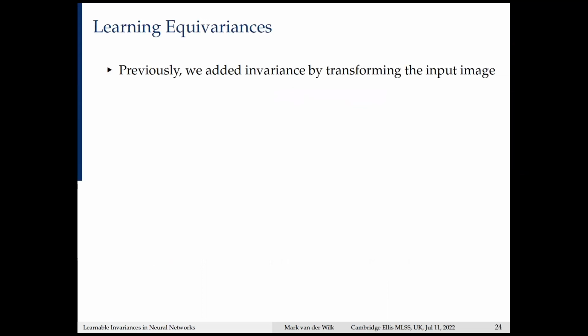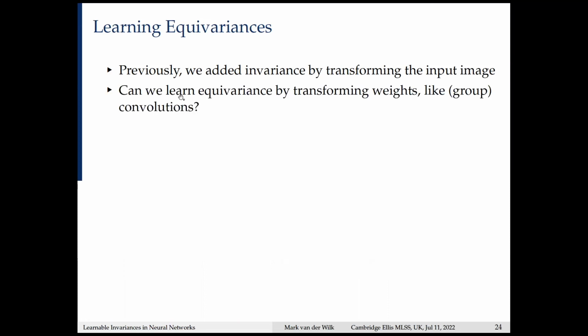Previously we saw that we added invariance by essentially transforming the input image. And what we want to do is learn equivariance by transforming the weights, just like group convolutions do. If we think back to the image of translational convolutions, the way that they add invariance properties is by taking the same filters and then transforming them by translating them all over the image.